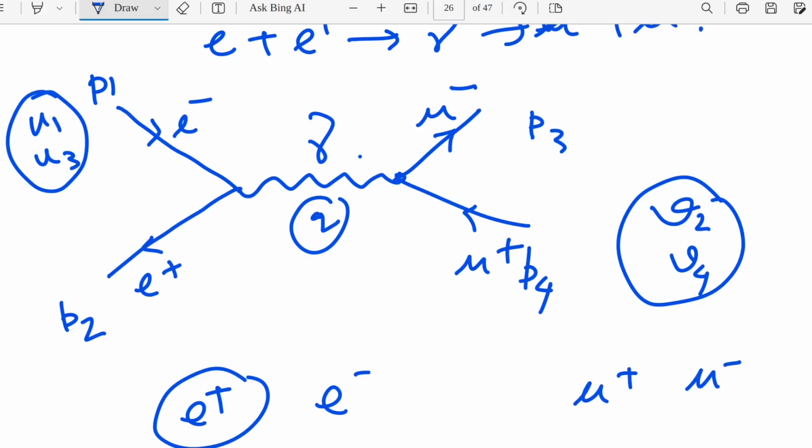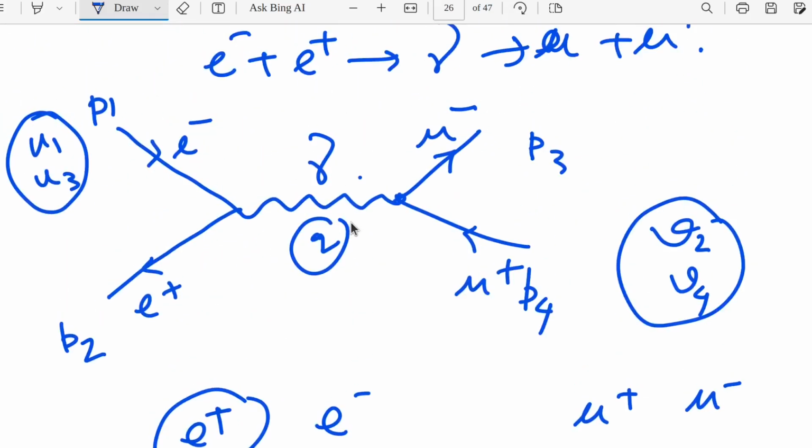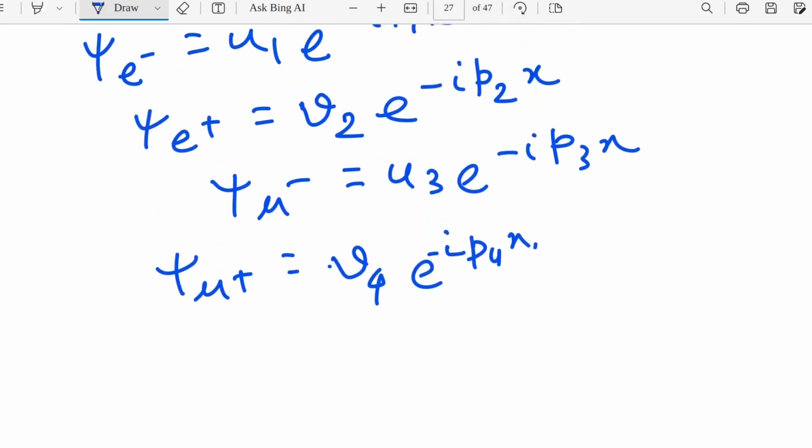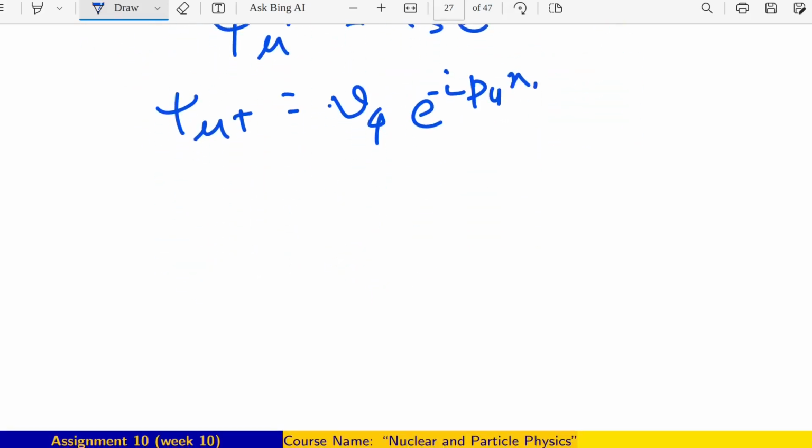So for the particle we use u, and for the antiparticle we use v. That is why, for e⁺, it is v2 e^(−i p2·x), and for μ⁺, ψ_μ⁺ = v4 e^(−i p4·x). Okay, so these are the things.